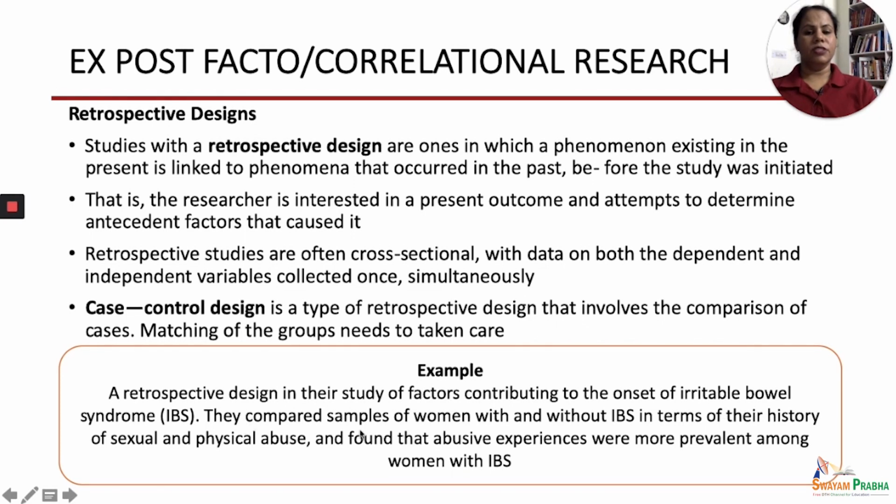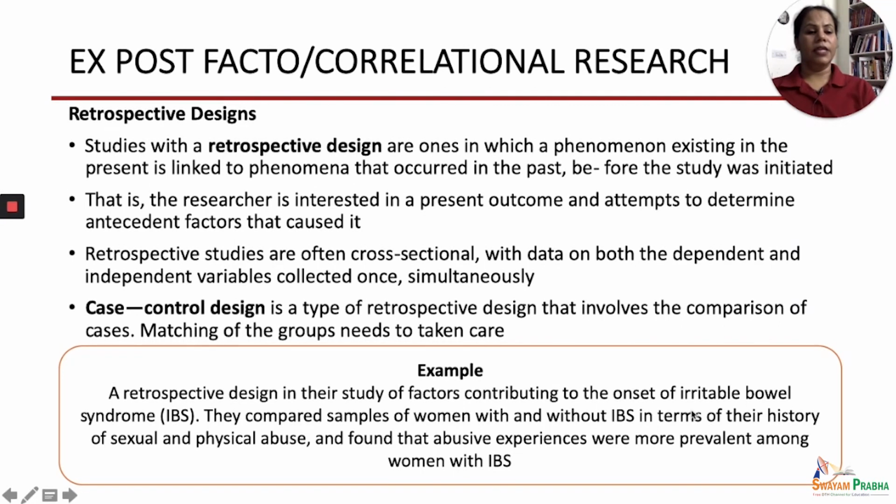So the researchers compared samples of women with and without IBS. So they took the women who were having irritable bowel syndrome and who were not having irritable bowel syndrome in terms of their history of sexual and physical abuse.